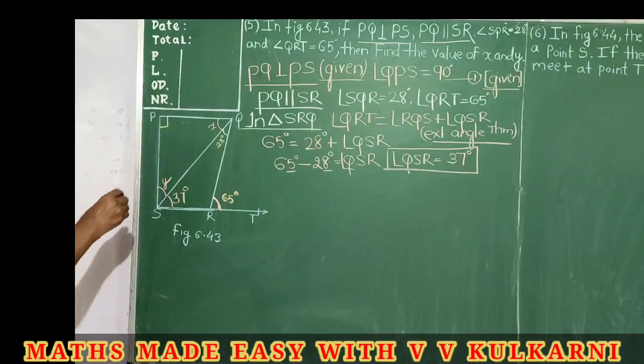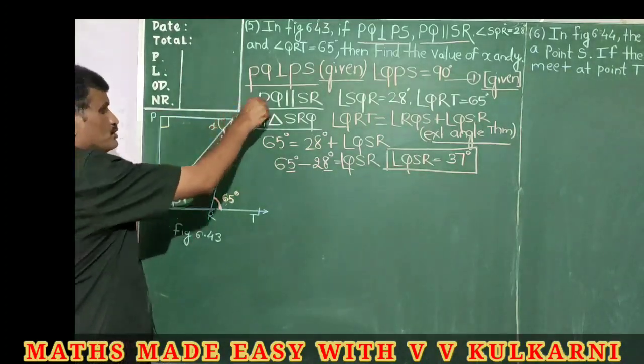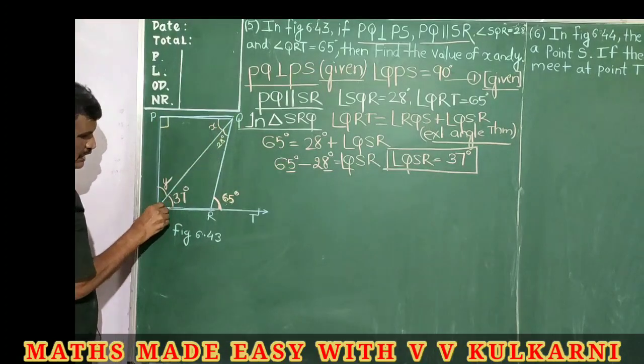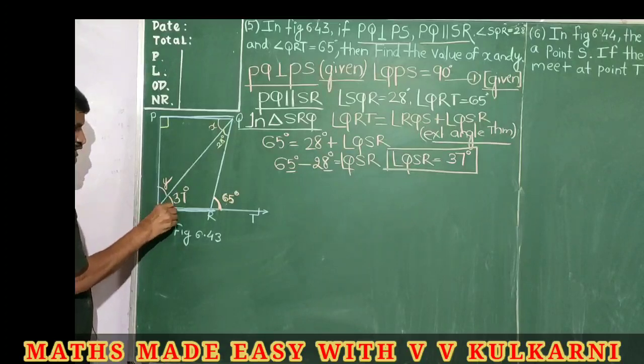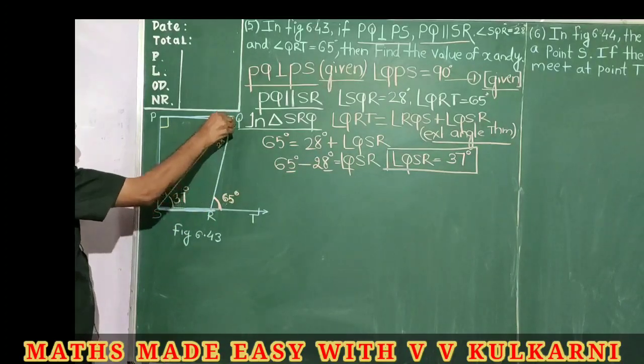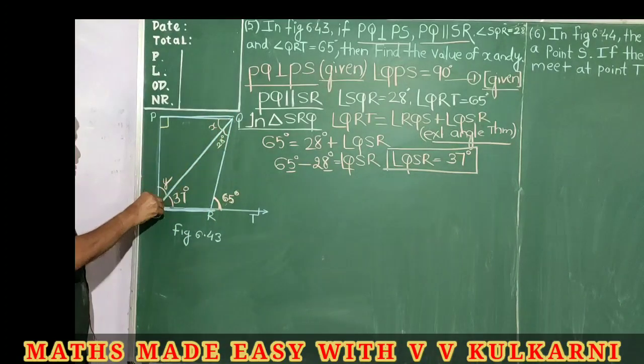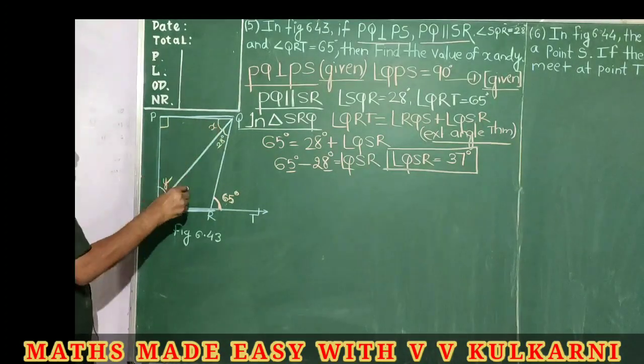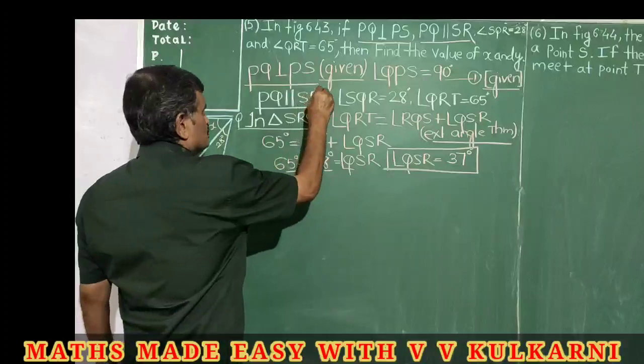Actually the second point I should use is, PQ is parallel to SR. And you can see here, this is the transversal. In that case, I am using the hint that is given to me.